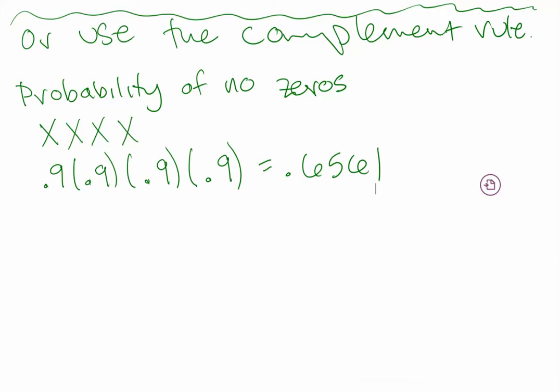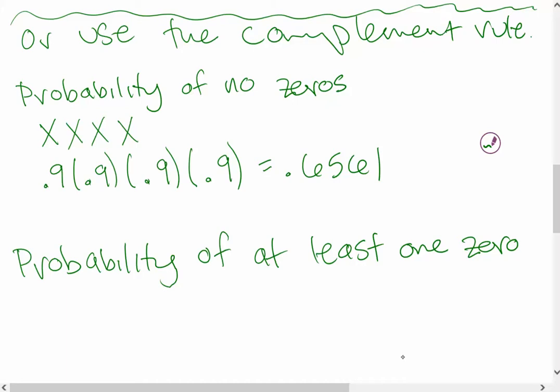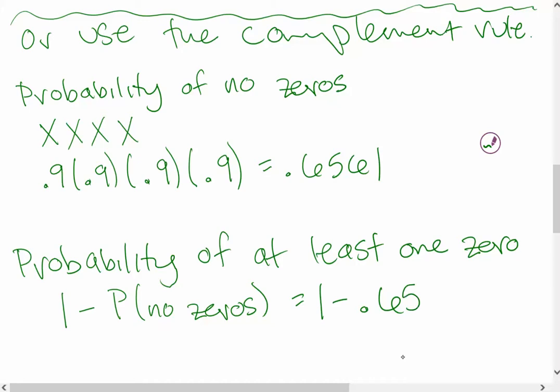So that was just to get the probability of no zeros. Now I still want to find the probability of at least one zero. The probability of at least one zero is going to be 1 minus the probability of no zeros, or 1 minus 0.6561, which gives me 0.3439.